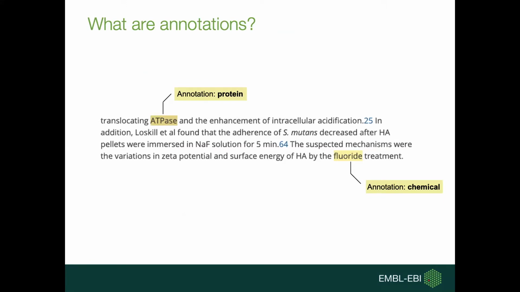So what are annotations? What we call annotations are basically concepts identified by either a text mining algorithm or by a human curator. These concepts could be chemical or protein name mentions, and the target concepts or annotations are linked to a relevant database.